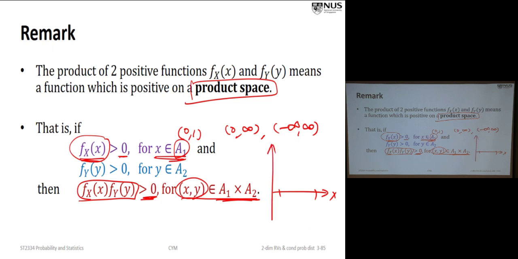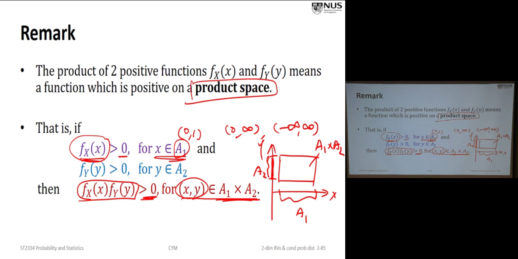And then over this region, for y, the PDF is bigger than 0. Then the product of this f of x and f of y should be bigger than 0 over this, we call it product space. So this is my A1, this is my A2, the region A1 and A2. So this is A1 times A2. So for any point here, the product will be bigger than 0.